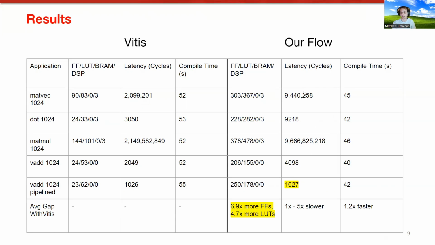And it's really showing that the FSM generation for Calyx has some inefficiencies that need to be worked out. Because we also see this on the hardware side of things where we're using a lot more flip-flops and a lot more LUTs to do the same thing.